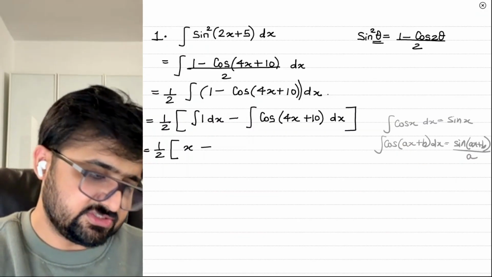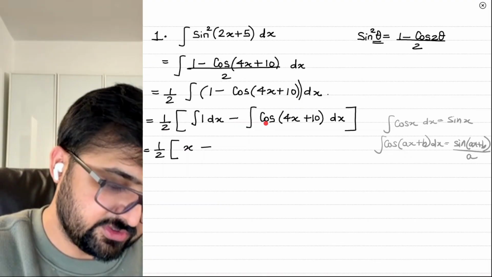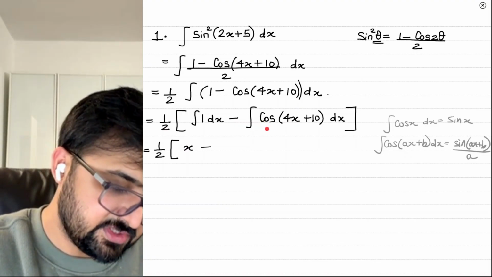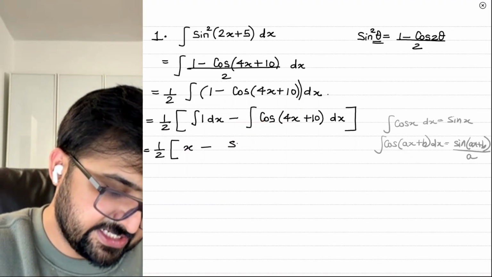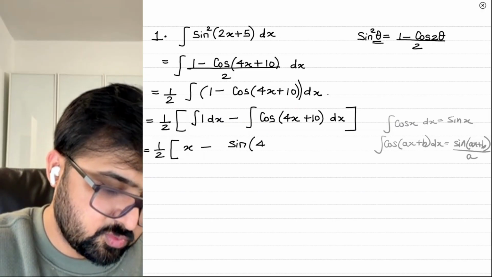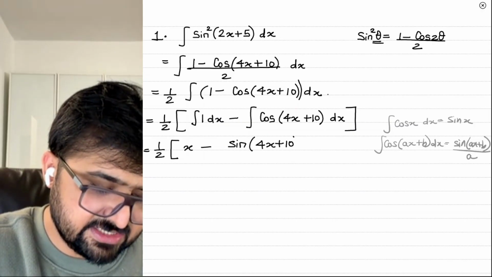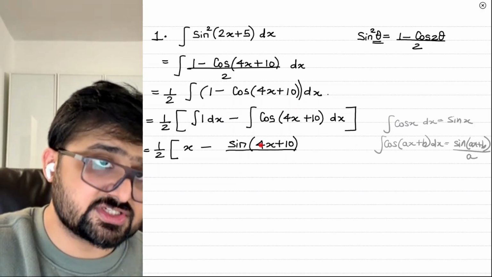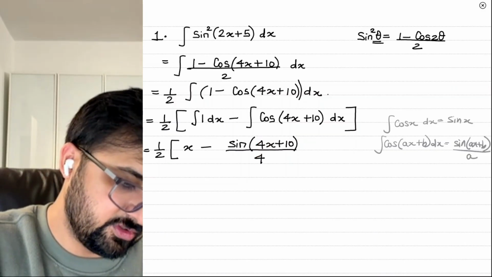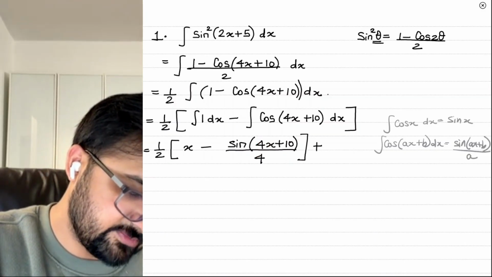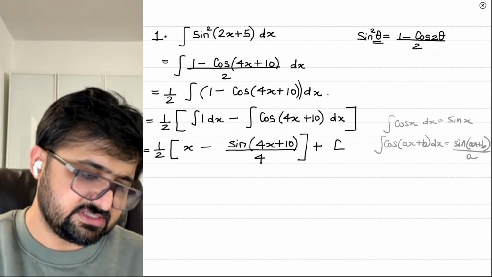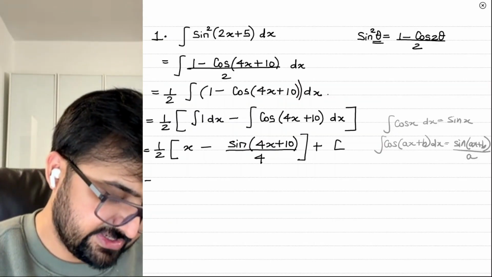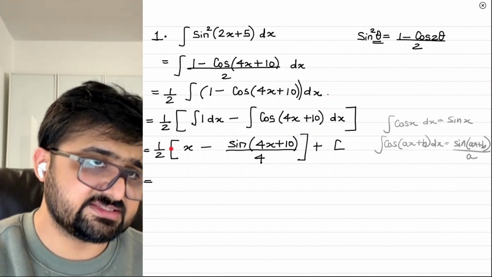So here the integral of cos is sine (4x plus 10), and you just have to divide by the coefficient of x, which is 4, bracket closed, plus a constant of integration c. Now to simplify this a little further, multiply this half inside.